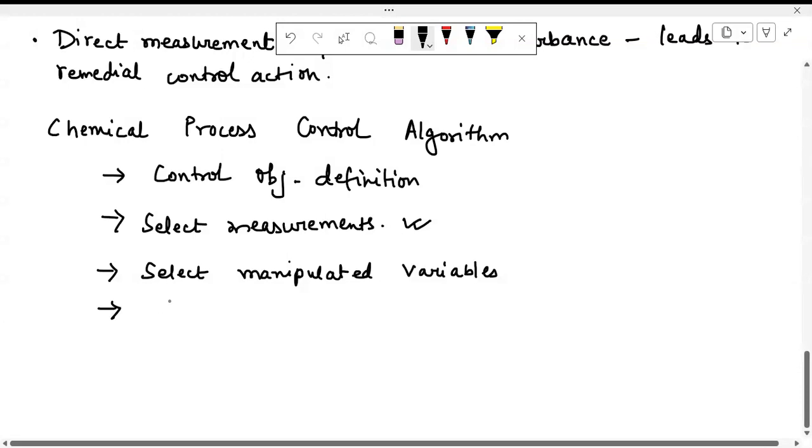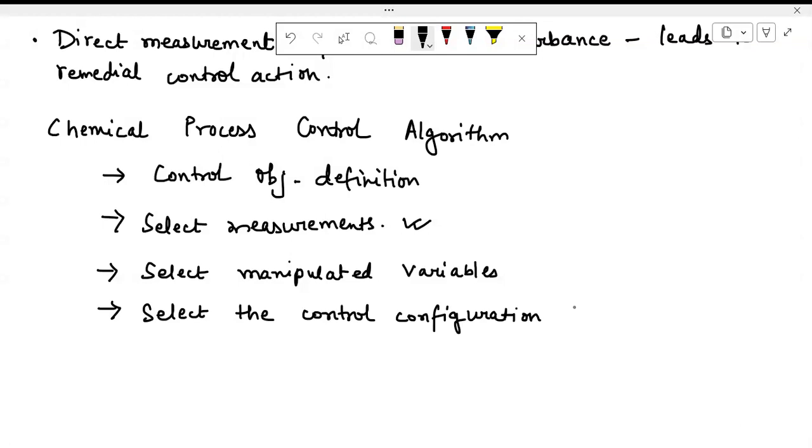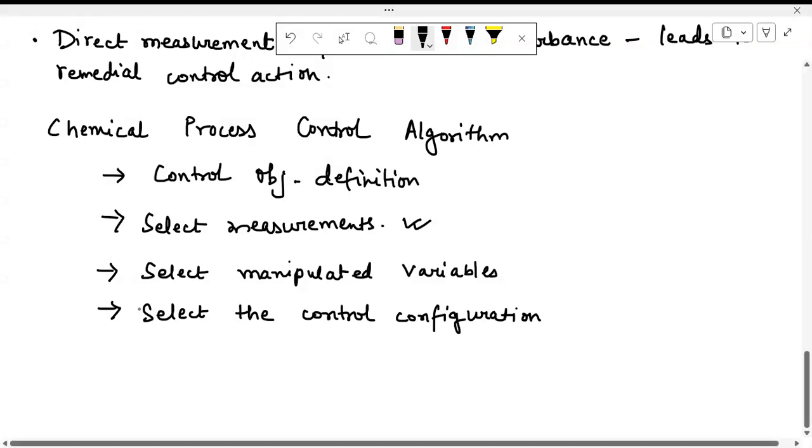The next thing is select the control configuration. By control configuration, I simply mean understanding the information structure that connects the available measurements with the available manipulated variables. And then the last step is to actually design the controller.